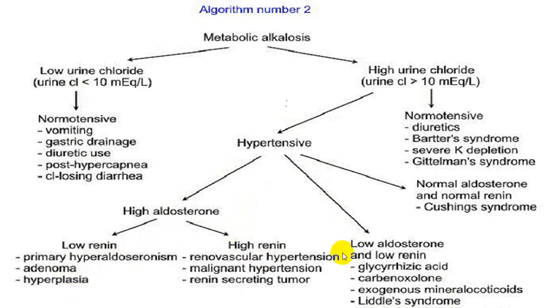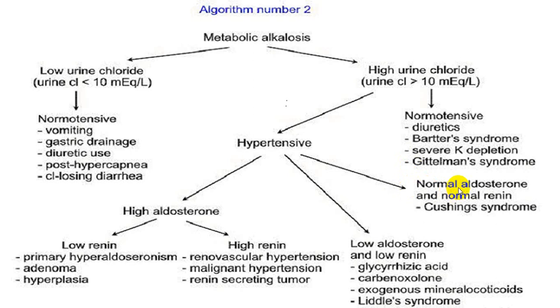If there is a low aldosterone, look for conditions like Liddle syndrome, exogenous mineralocorticoids, apparent mineralocorticoid excess, then carbenoxolone, etc. If the person is normotensive, then look for diuretics, Bartter syndrome, Gitelman syndrome.